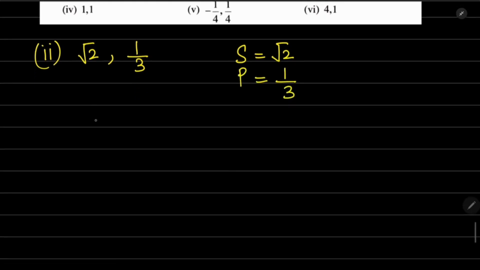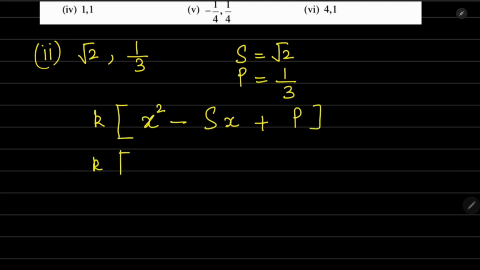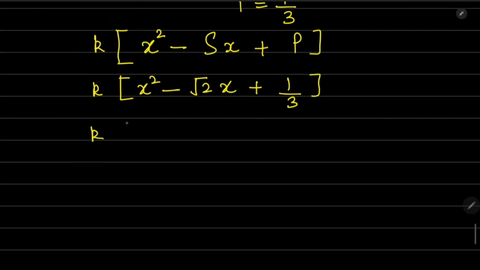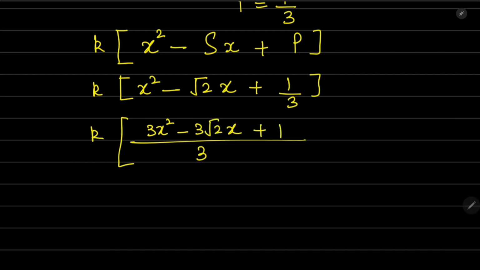So k multiplied by the quadratic polynomial will be x square minus s into x plus p. Let's substitute: k into x square minus root 2x plus 1 by 3. Let's take the LCM. K into, take LCM as 3, so you have 3x square minus 3 root 2x plus 1.